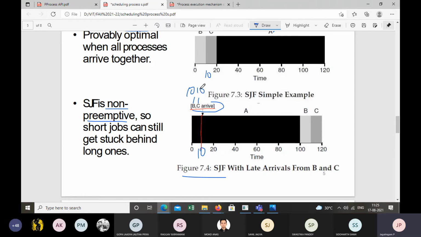What SJF does is not stop the execution of process A. It makes sure that process A completes all its instructions, and only then are B and C scheduled for execution.